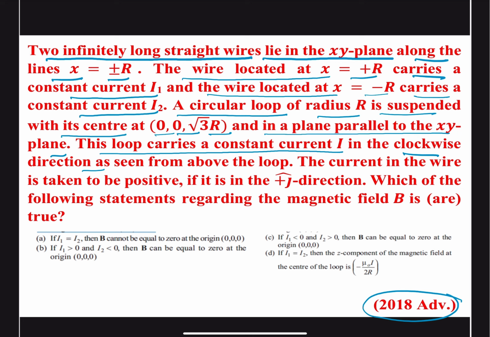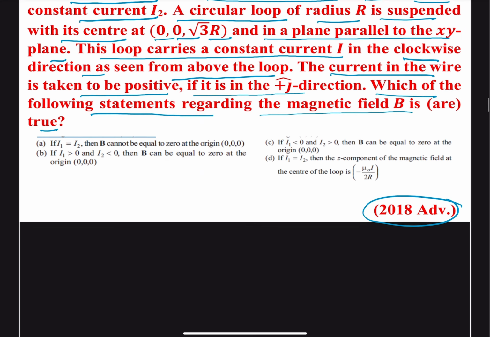As seen from above the loop, the current in the wire is taken to be positive if it is in plus j direction, j unit vector. Which of the following statements regarding the magnetic field B is or are true? So we have four options, and we are going to find out which of them are correct and which are incorrect.